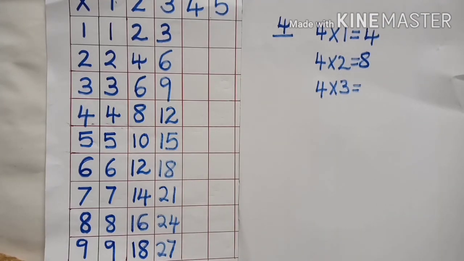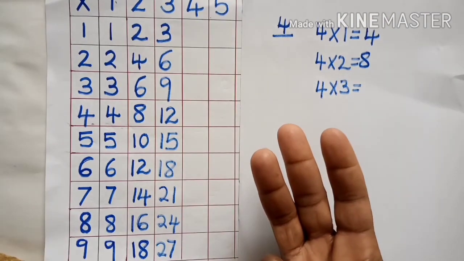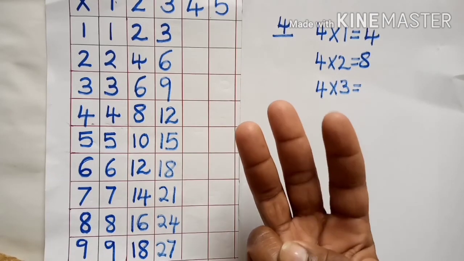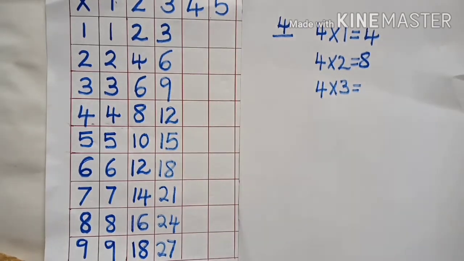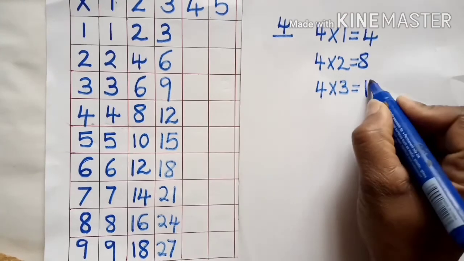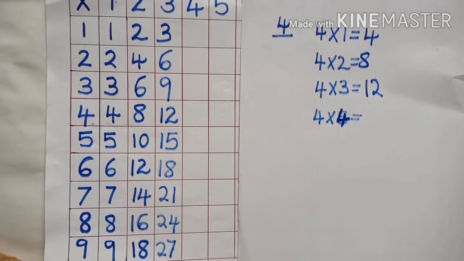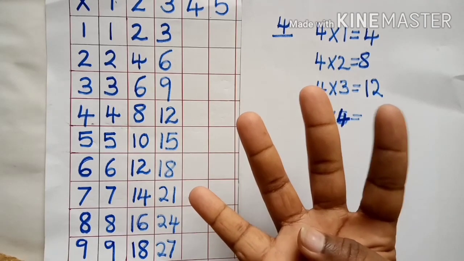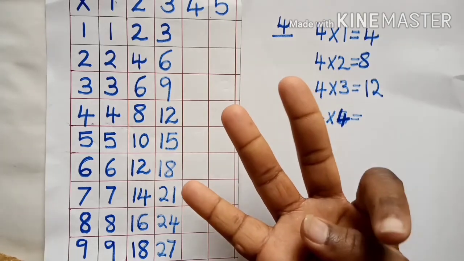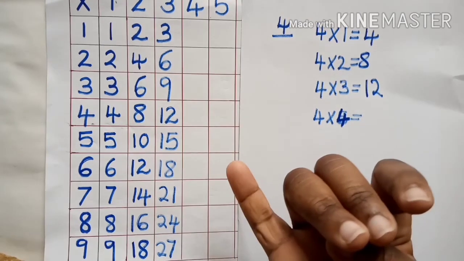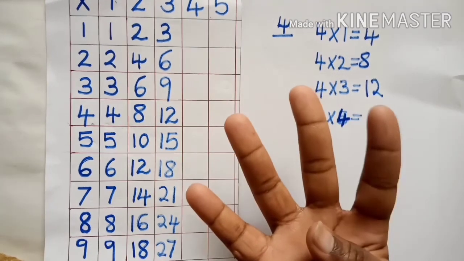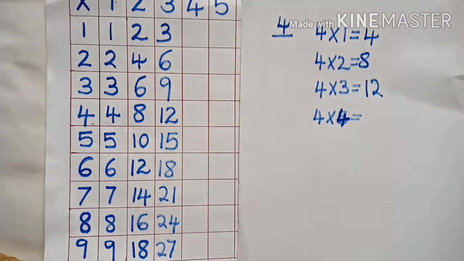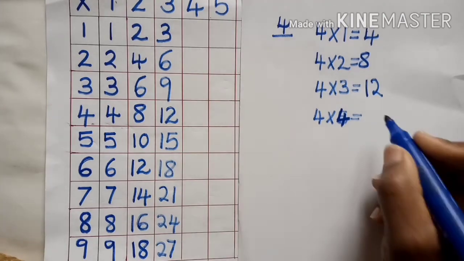Let's go to 3 times 3 first. 3 fingers out: 3, 6, 9, plus these fingers 9, 10, 11, 12. So 4 times 3 is 12. For 4 times 4, we stick 4 fingers out and say 4 times 3 first: 3, 6, 9, 12, plus these fingers 12, 13, 14, 15, 16. So 4 times 4 is 16.